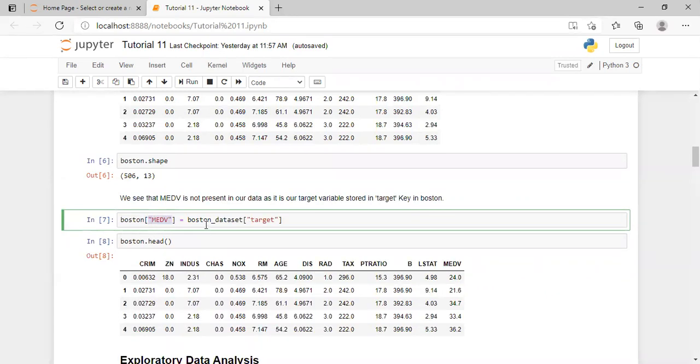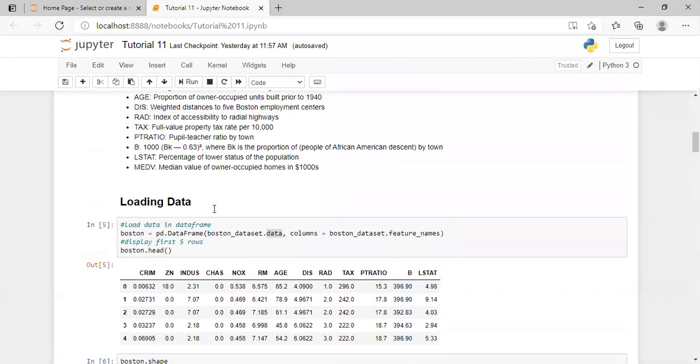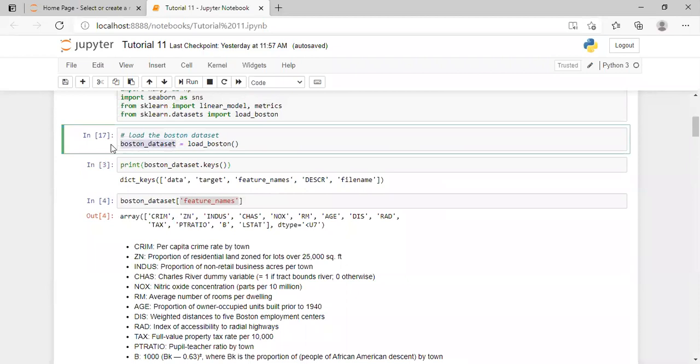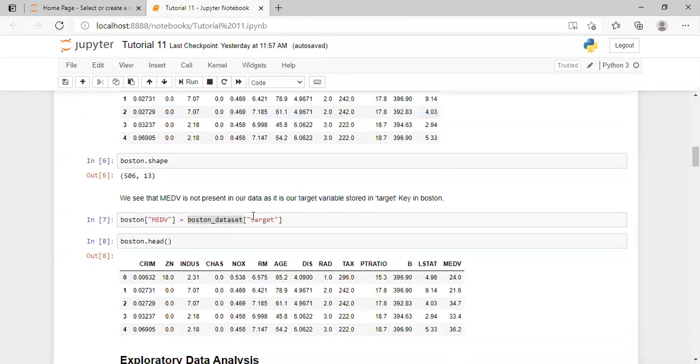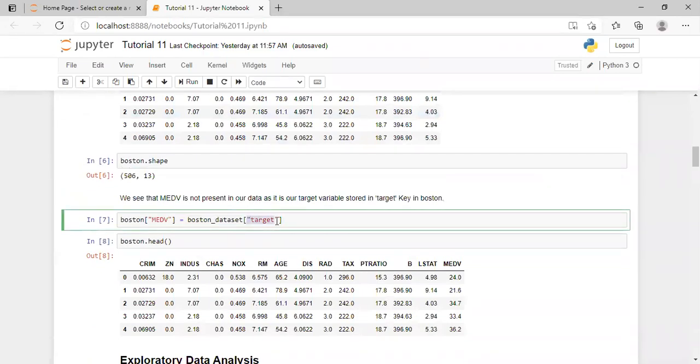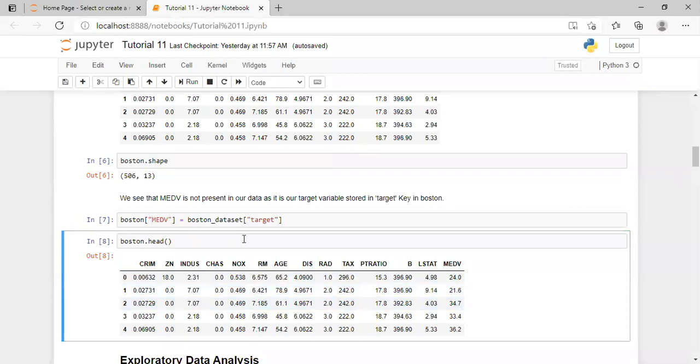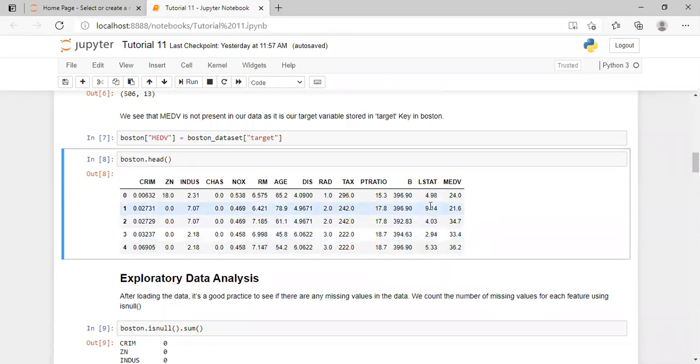This is the median price of the house, and I am accessing the Boston dataset which I've loaded over here, and I'm passing the target key. So it would create a new column, and all the target values would be in our column. It would be part of our data frame. As we can see, MEDV is now part of our data frame.